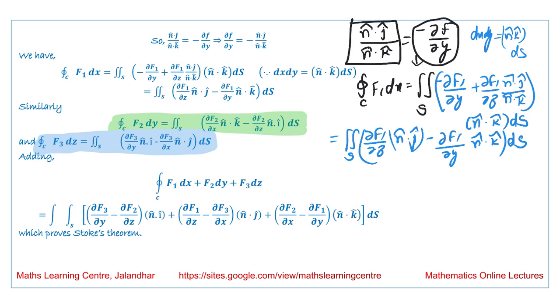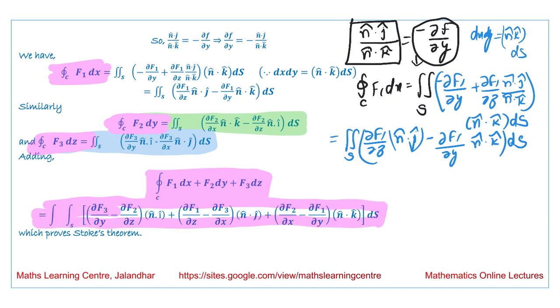And if we add all these values, the integral of f1 dx, the integral of f2 dy, and the integral of f3 dz, we obtain the left hand side, and on adding all these values, we obtain the result in this form, and this is basically the curl of f vector dot ds vector, and this is what the Stokes theorem is.